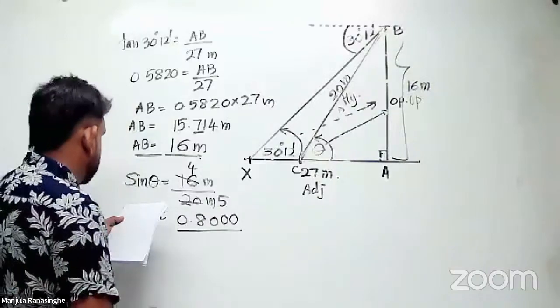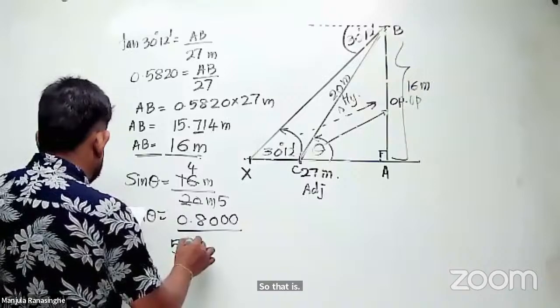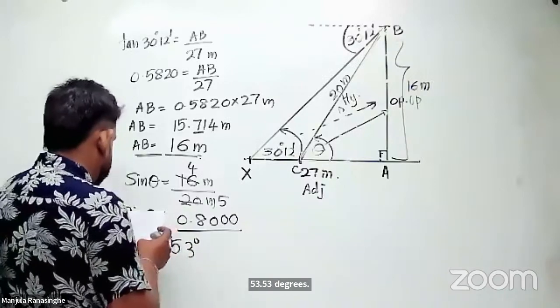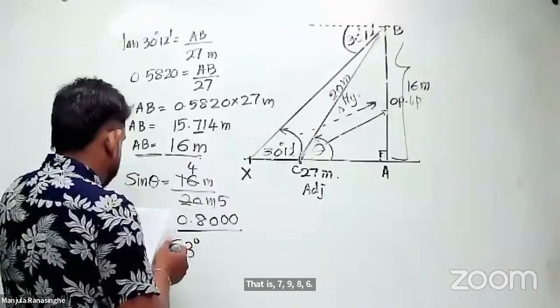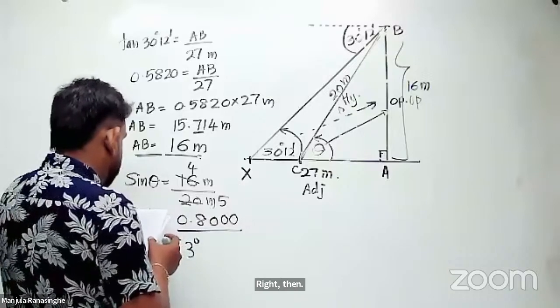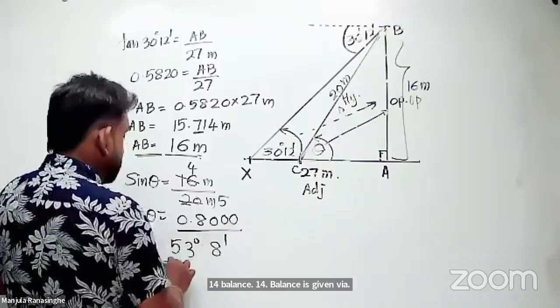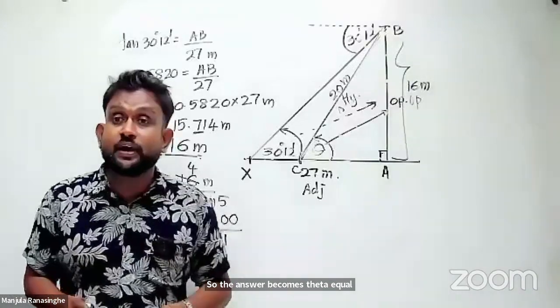That is 53.53 degrees and 0 minutes, that is 7986. Then the balance is 14, and 14 is given at 8 minutes. So the answer becomes theta equals 53 degrees 8 minutes.